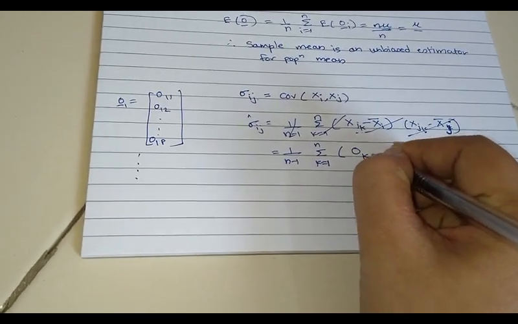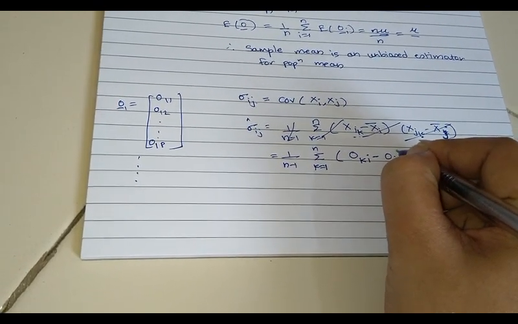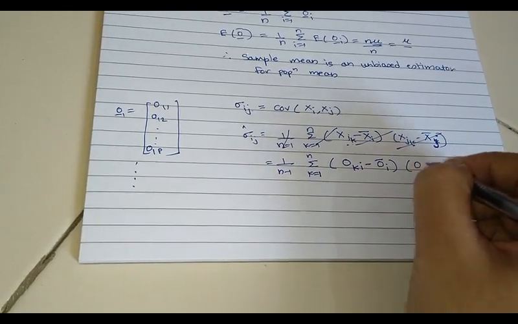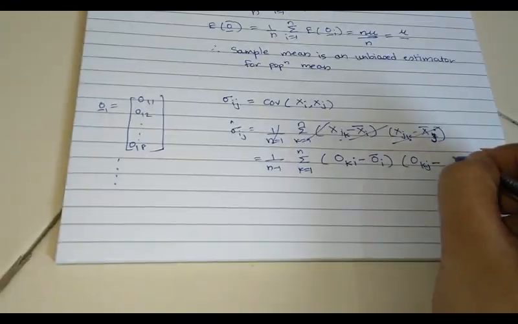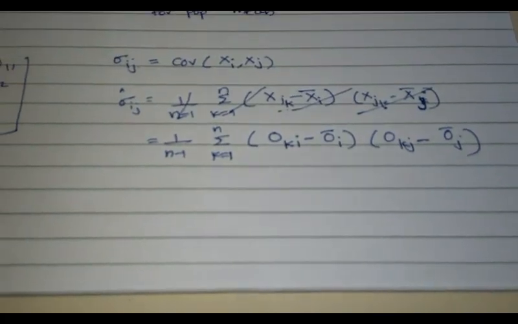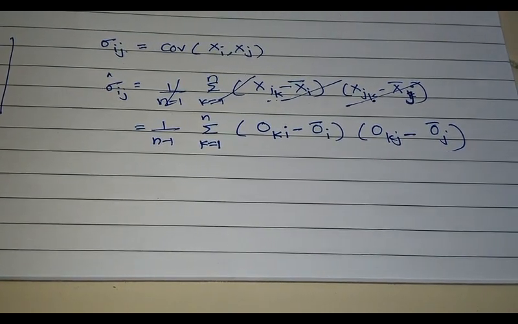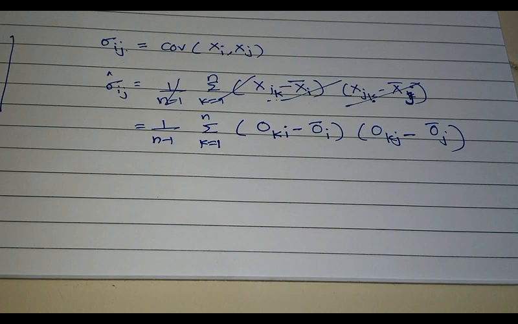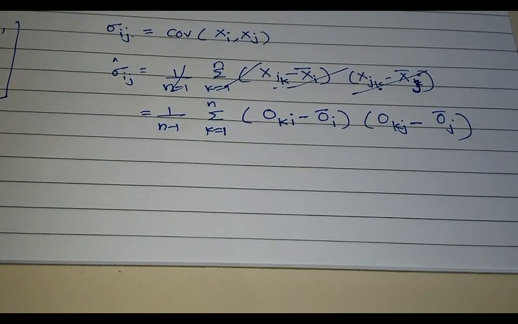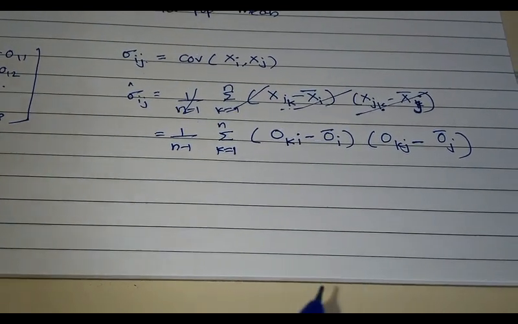So Oki minus Oi bar and Okj minus Oj bar. Oki is ith component of kth observation and Okj is the jth component of kth observation, and we are trying to compute covariance between them. Is it okay? This is very important.